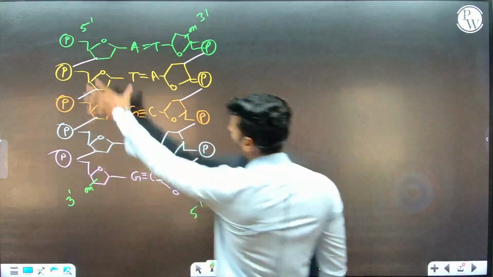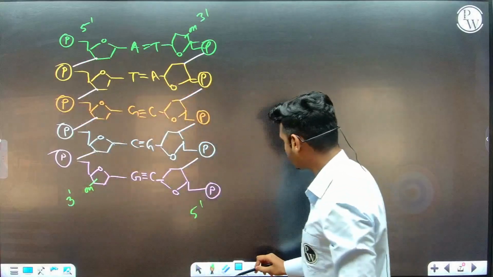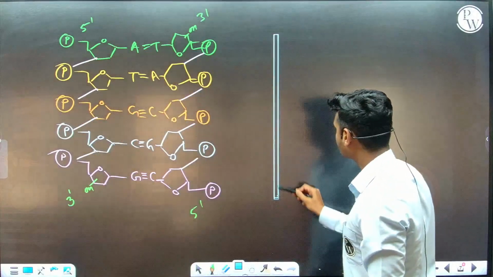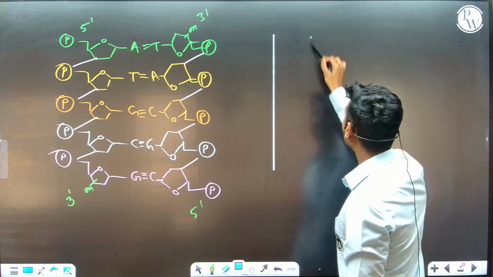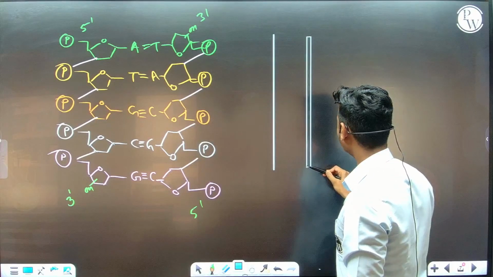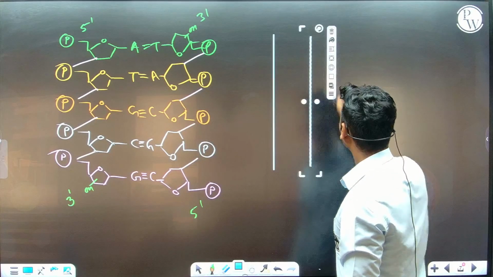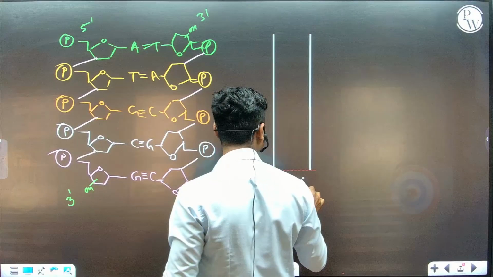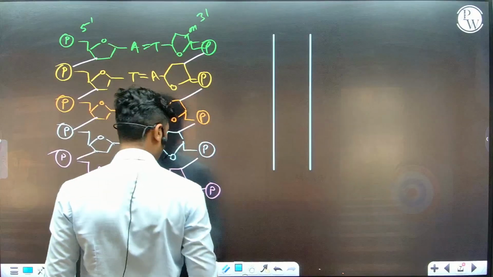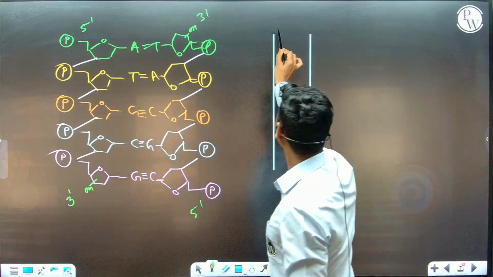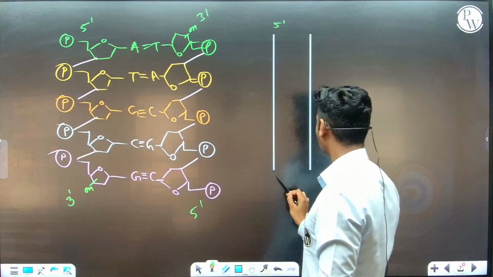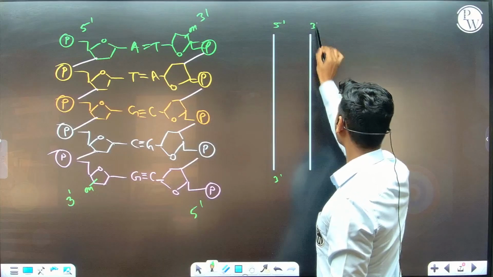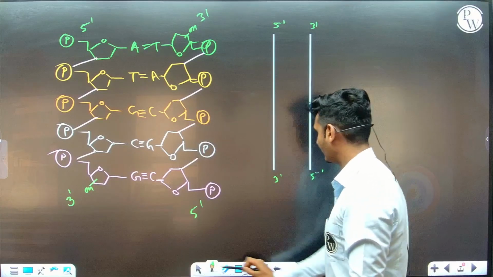If I draw this structure as one DNA strand, and this is another DNA strand, let's give a name: 5' end and 3' end, 3' end and 5' end.